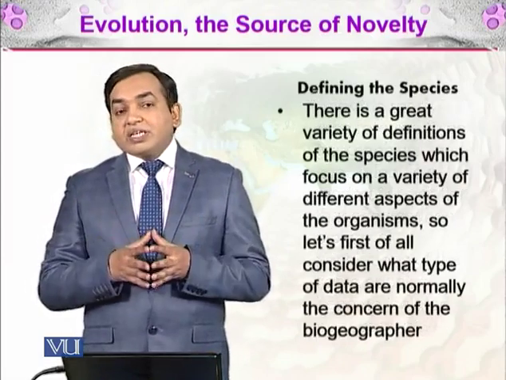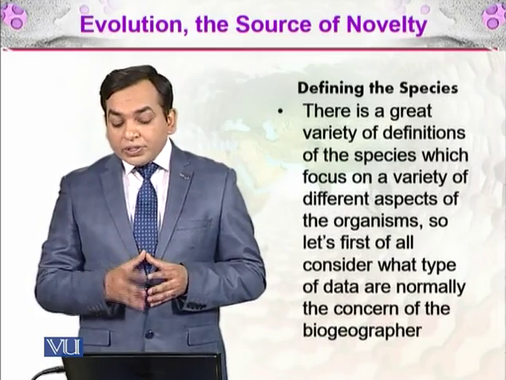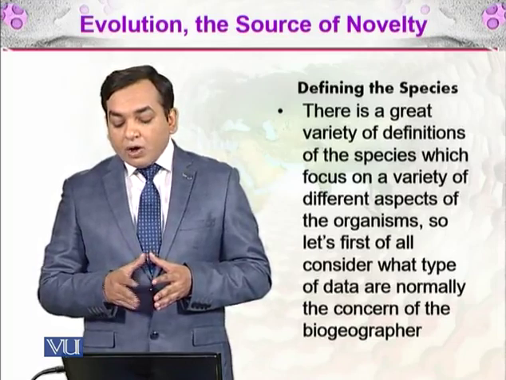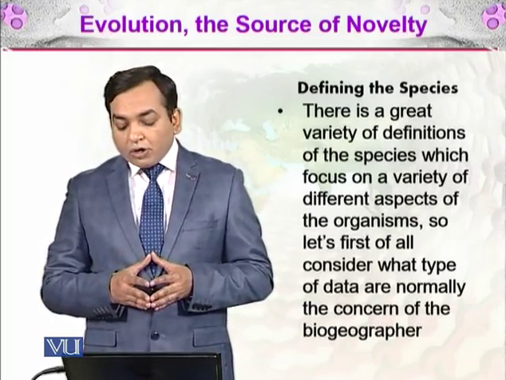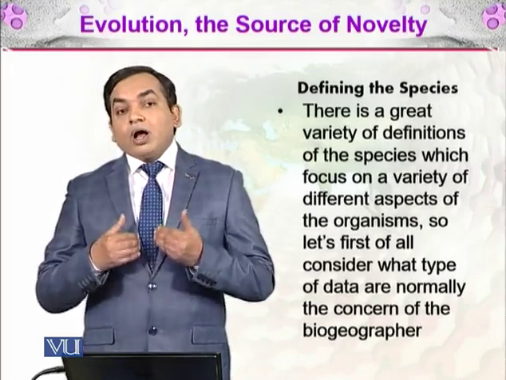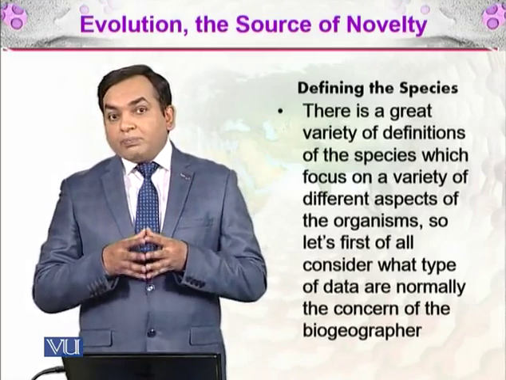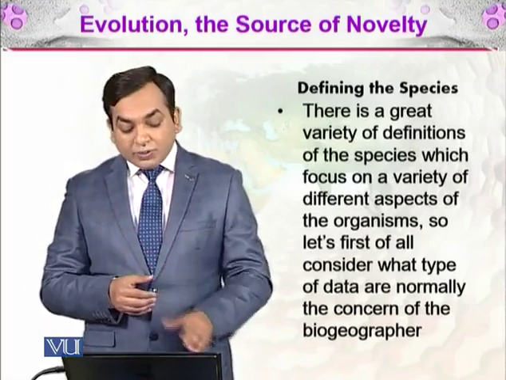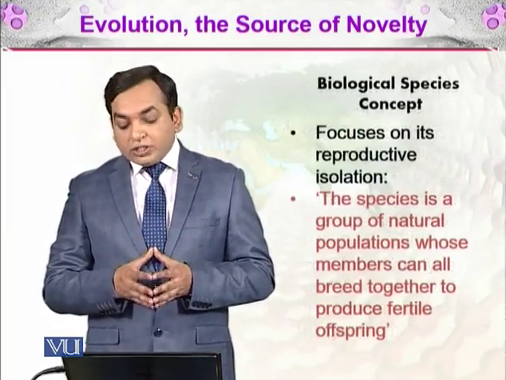Now we have discussed what the problems are in defining the species. There is a great variety of definitions of species which focus on different aspects of the organism. So let's first consider what type of data are normally the concern of a biogeographer. The data that a biogeographer depends upon for defining the species is, for example, reproductive isolation.